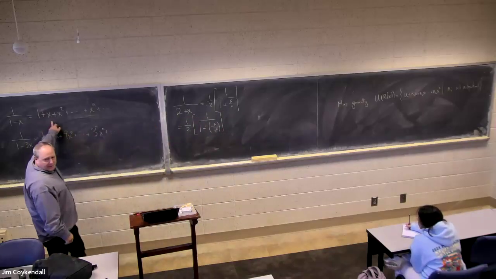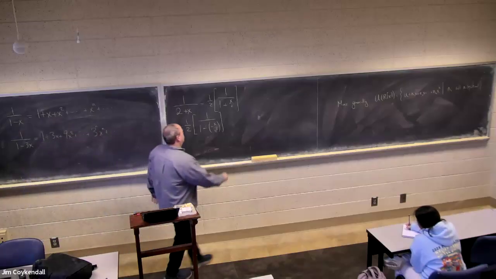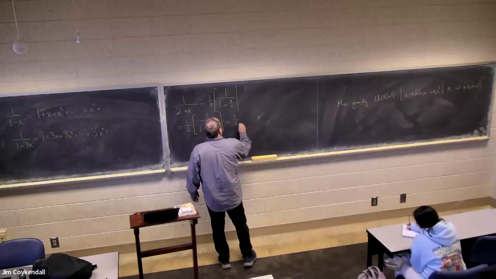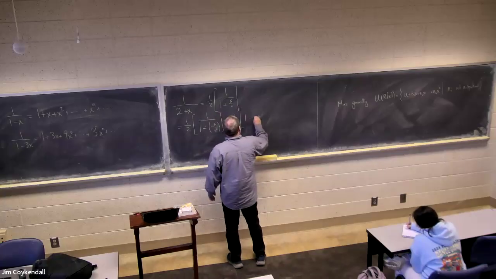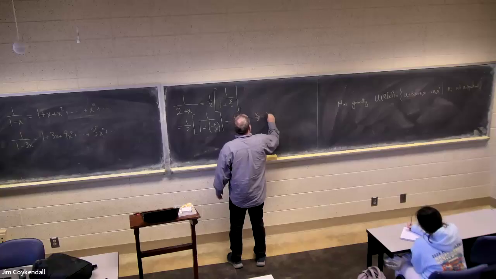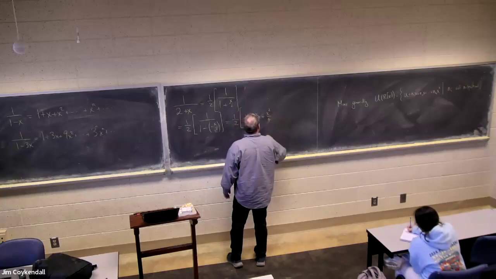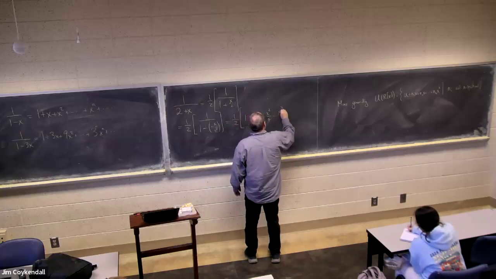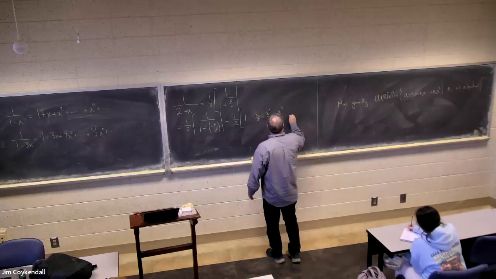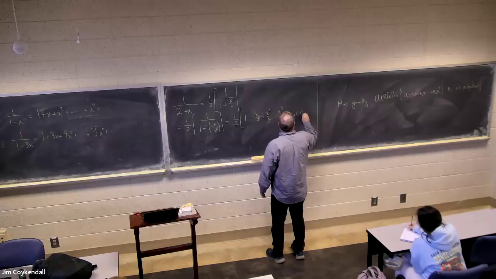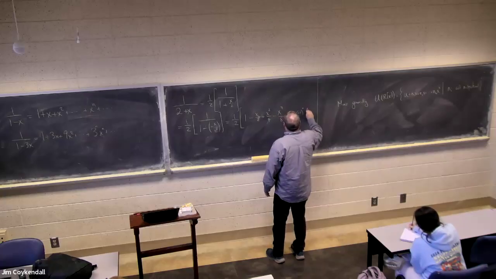Now I'm going to replace x by minus x over 2. This is going to be 1 minus x over 2 plus x squared over 4 minus x cubed over 8. You can do this kind of stuff over and over again. Minus 1 to the n, x to the n over 2 to the n.